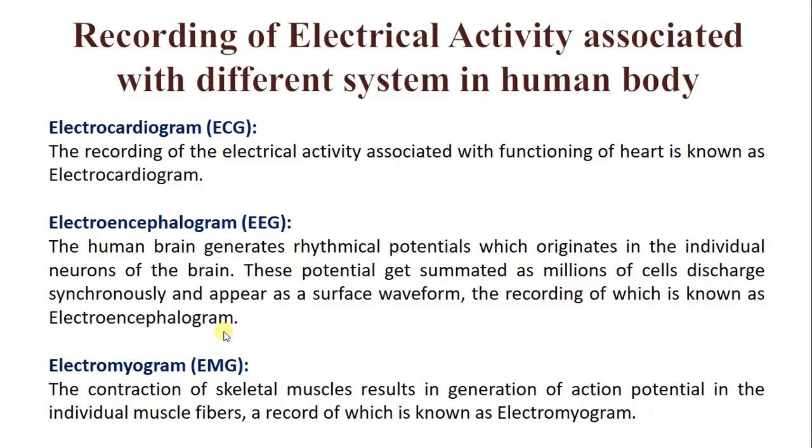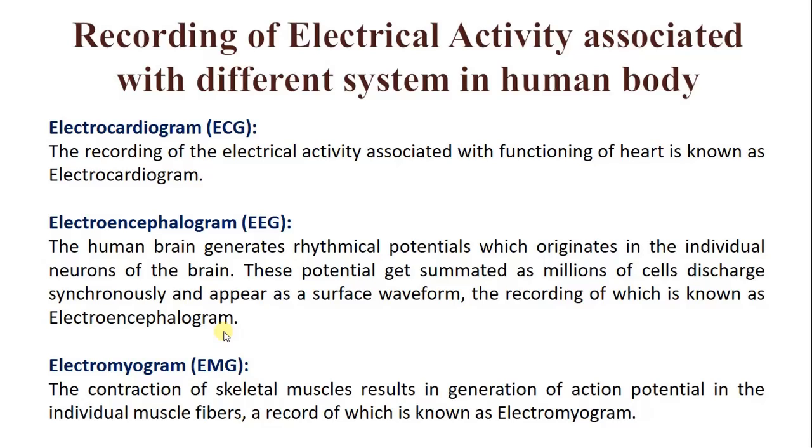Then we have ERG. ERG is nothing but electroretinography related to your eyes. The biological source for the measurement of the ERG signal is the eyes. EGG represents electrogastrogram related to your digestive system. So the stomach is the biological source for the measurement of bioelectric potential generated by your digestive system.